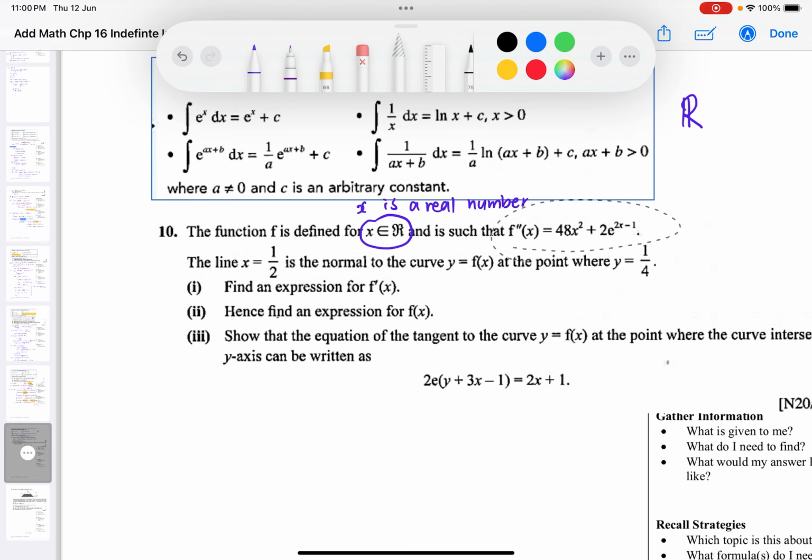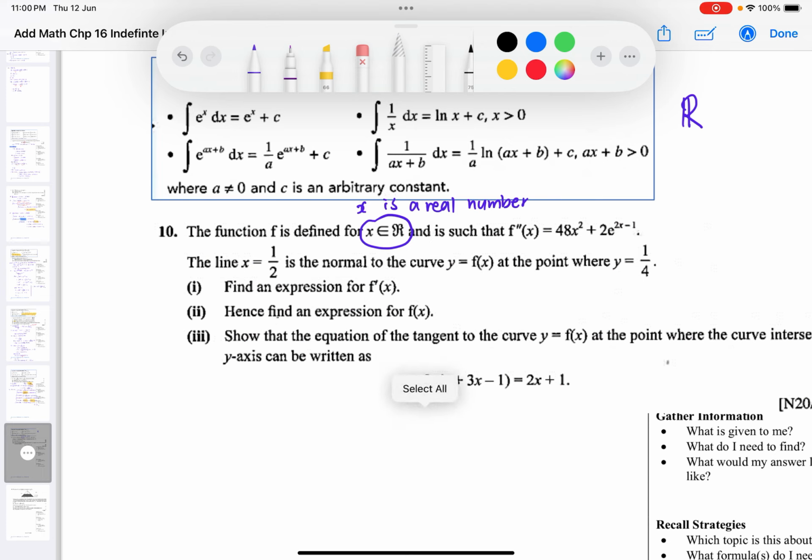Okay, this expression here, second derivative, the line x equals to half is the normal to the curve at the point where y equals to 1/4. This sentence here is a very important sentence because it actually provides you quite a lot of information in the question, right?